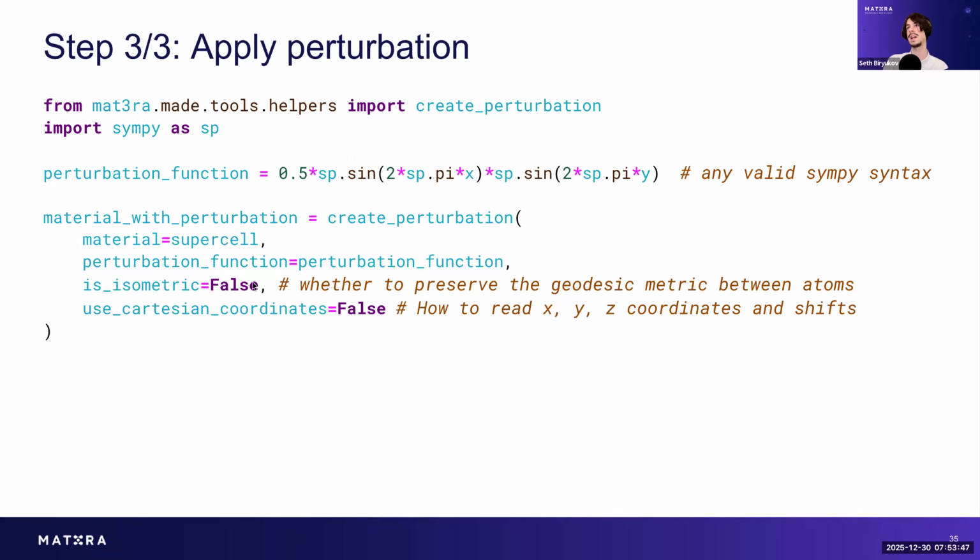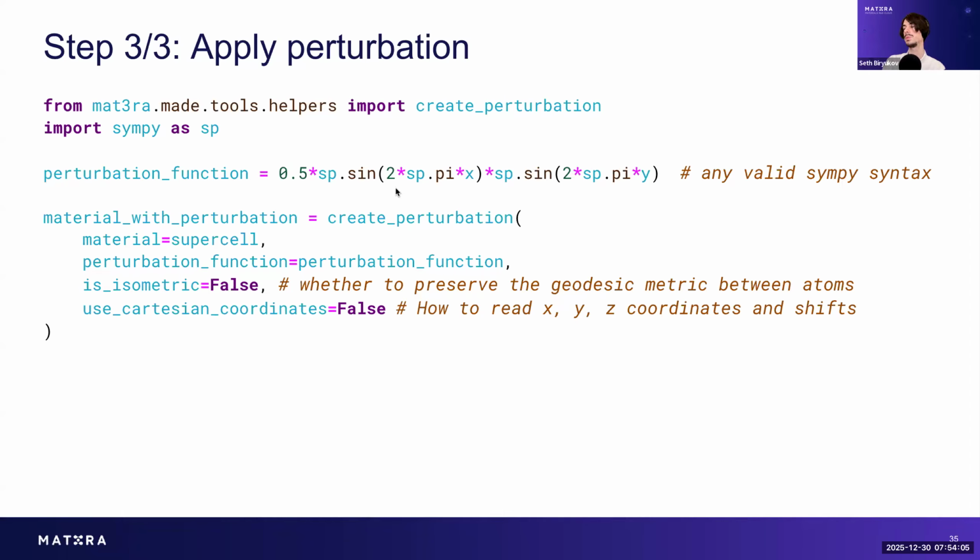Then we're going to pass the material to the supercell, use the perturbation function we defined at the top, and then we have a flag whether to have it isometric or not. If we set it to be true, we're going to preserve the geodesic distance between atoms along the function surface.